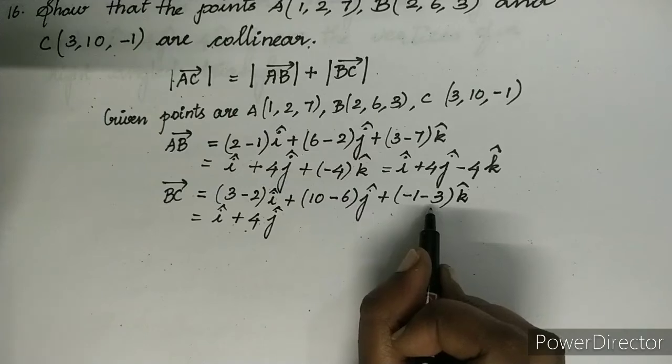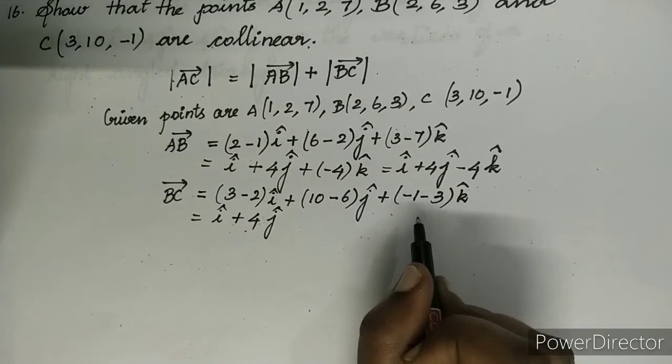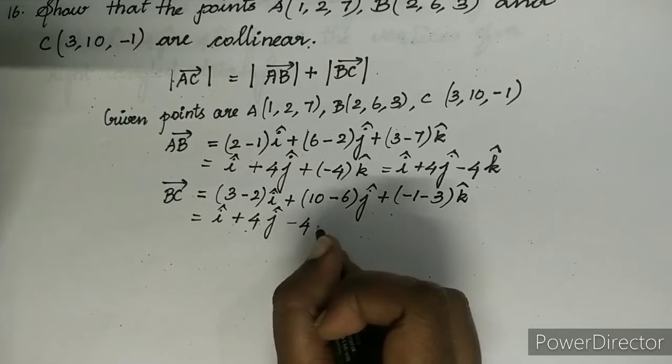Minus 1 minus 3 is minus 4, plus into minus minus, so minus 4 k cap.